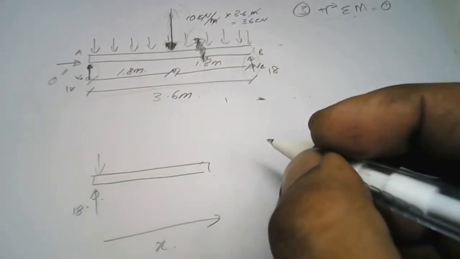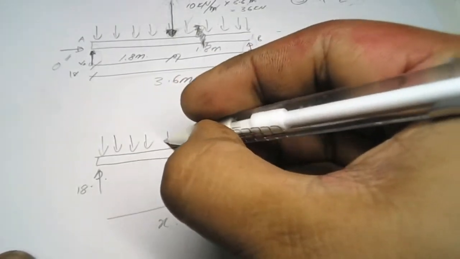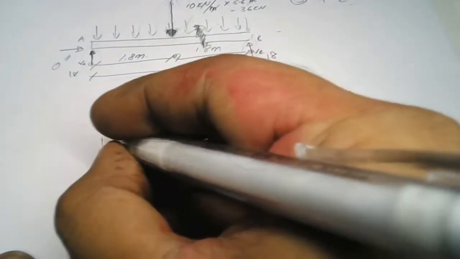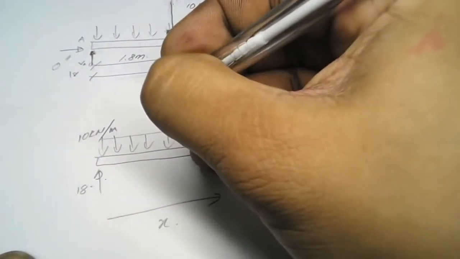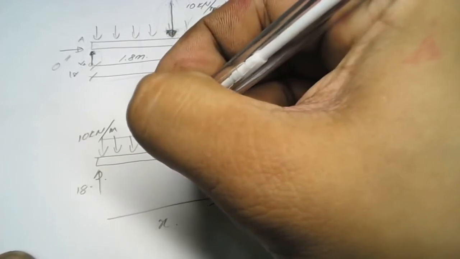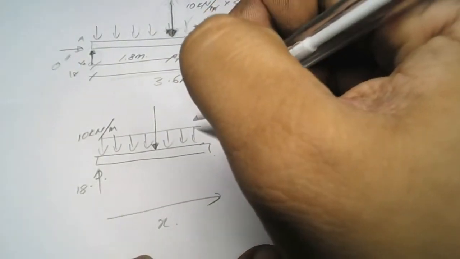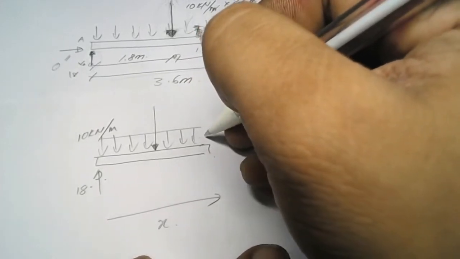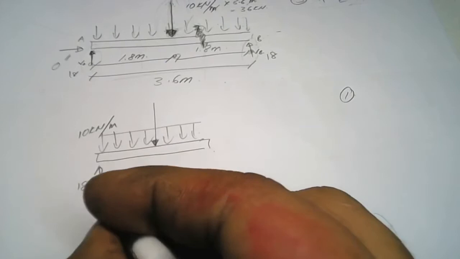We still have a distributed load of 10 kilonewton over meter, and we have a representative load for the distributed load here. The distance is half of the length.